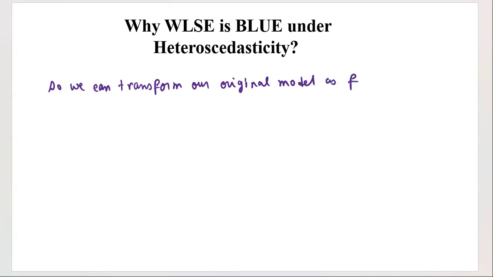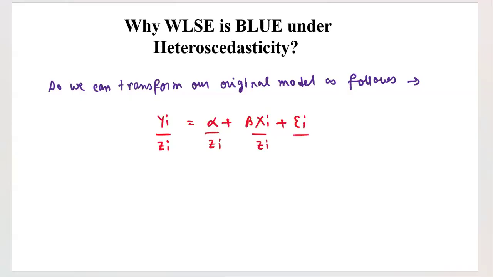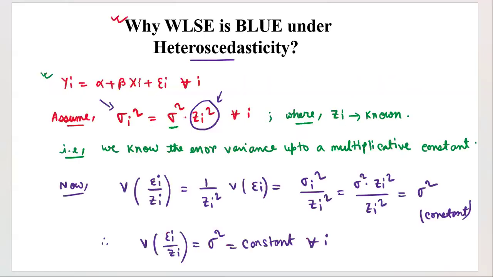as follows. What will our modified model be? Initially our model was alpha + beta xi + epsilon i. Now you simply divide every term by zi. Why have I done that? Because of the hint: if you divide epsilon i by zi, you get a constant variance.